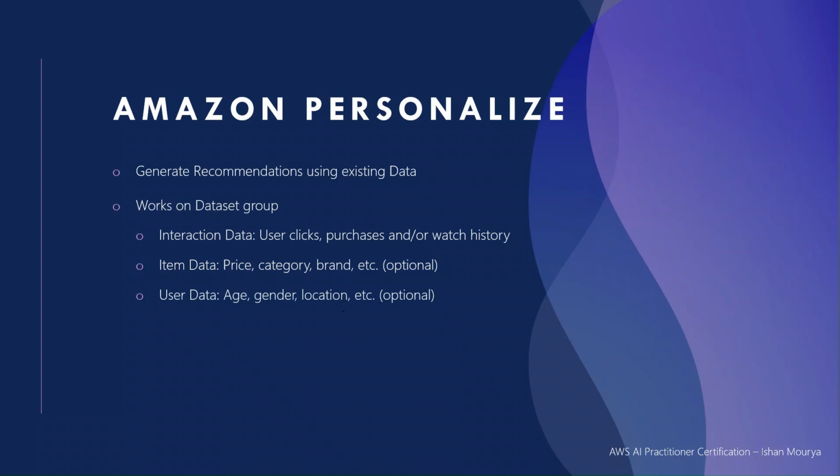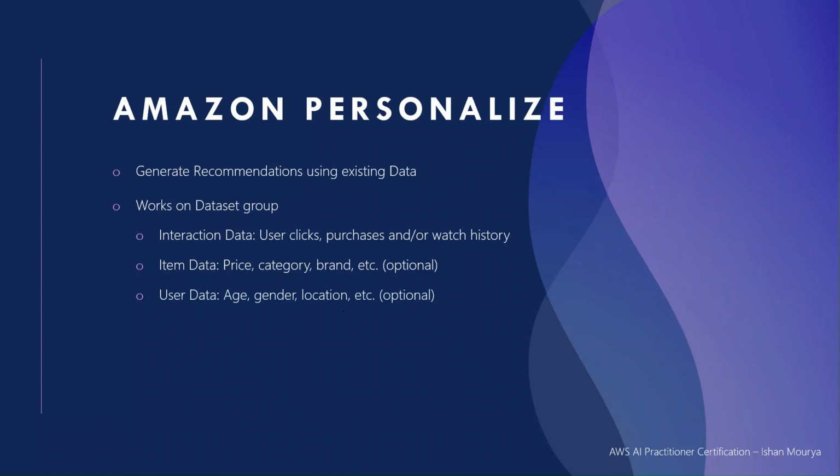The user data will have things like user age, user gender, user location, and any other thing about the user, maybe their other preferences, like what can impact how we can categorize a user, right?